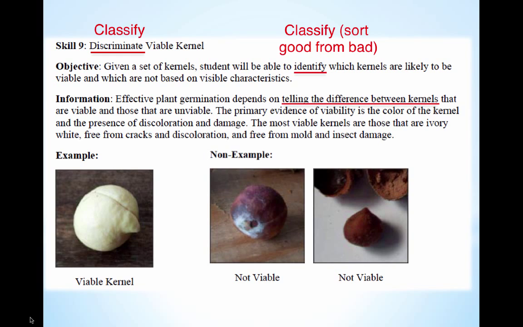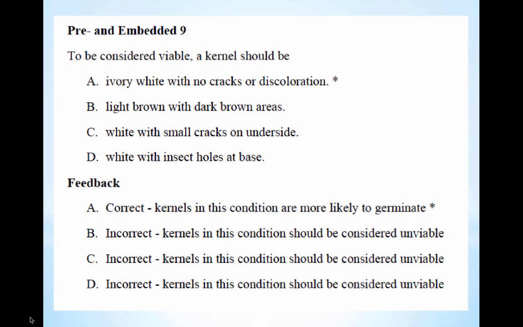Here are some excellent examples and non-examples, though. You can see clearly from the pictures what a viable kernel should look like and what a not viable kernel looks like. Now here's our test. Uh-oh, our test is only text. To be considered viable, and it has a list of items, but this does not match the objective.